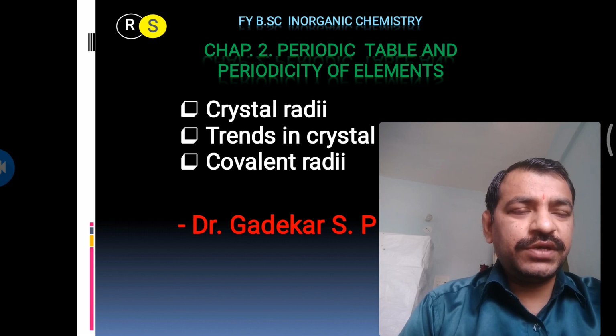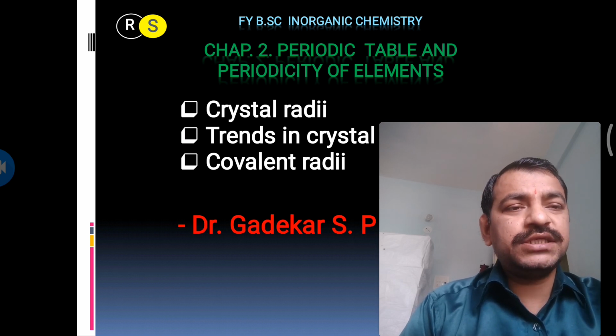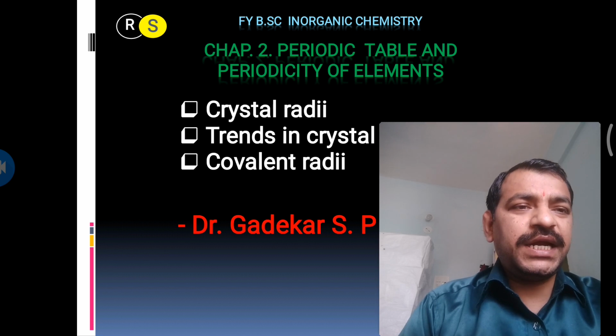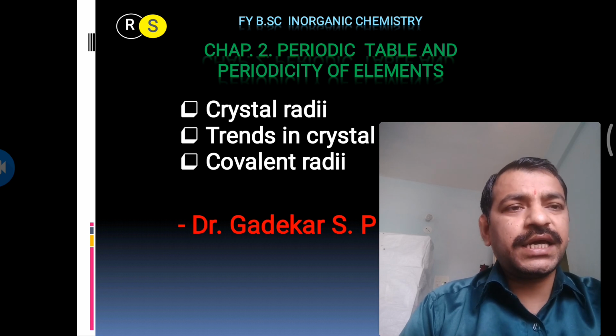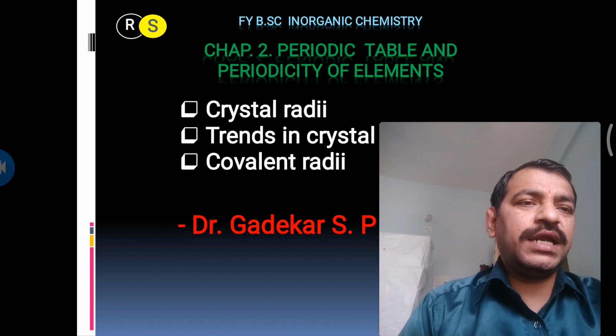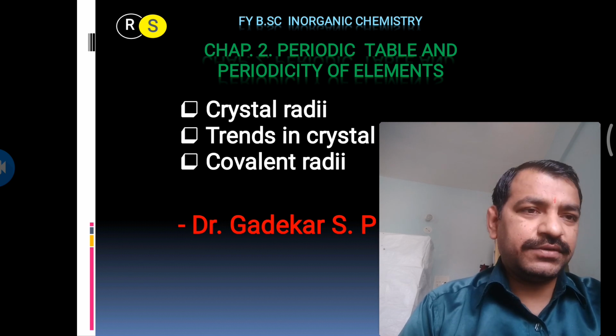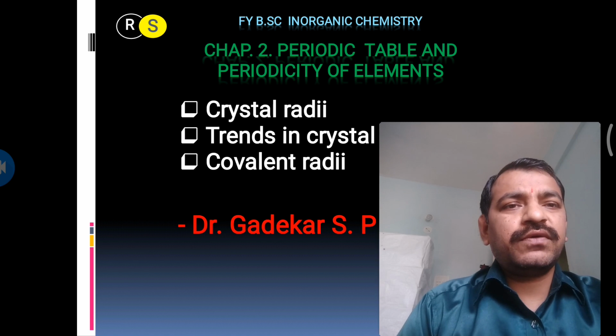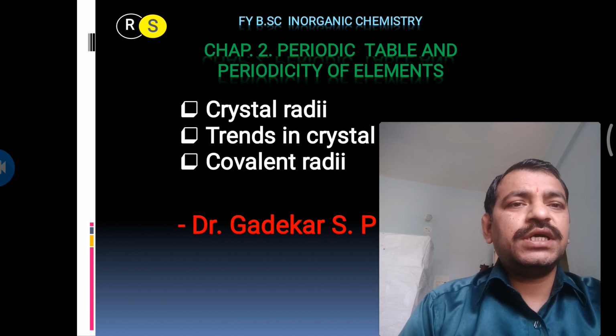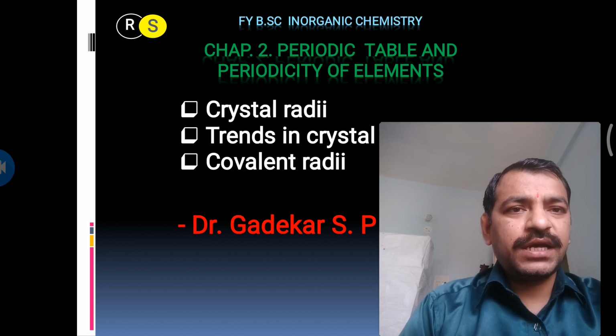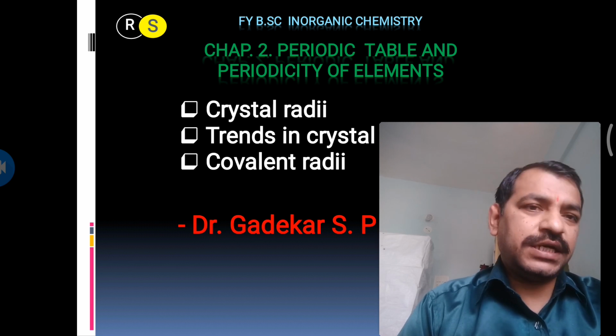Van der Waals radii is more than metallic radii, and metallic radii is more than covalent radii. These are the trends of atomic radii. Today we will discuss crystal radii and its trends.